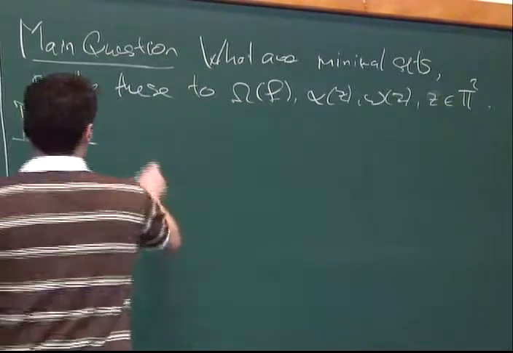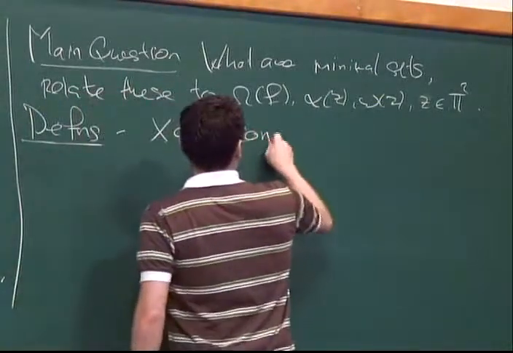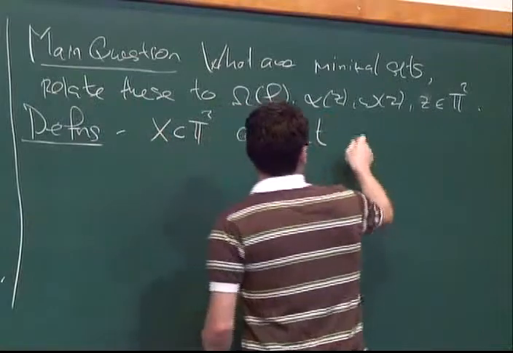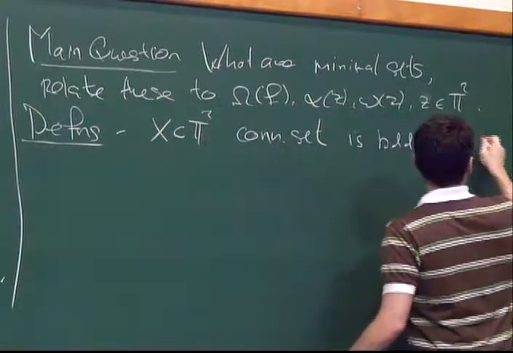The first is, I will say that X in the torus, a connected set, is bounded or unbounded according to whether the lift is bounded or unbounded.